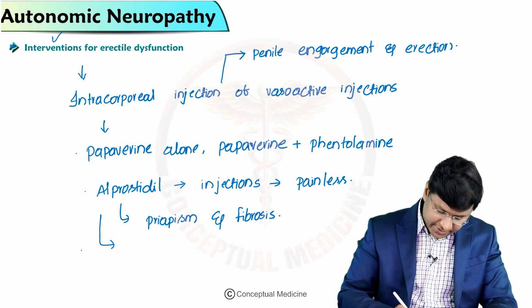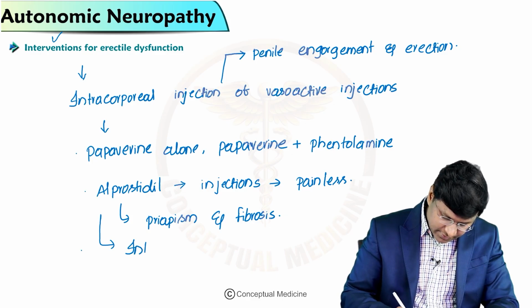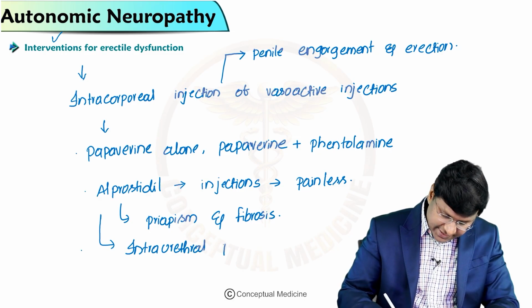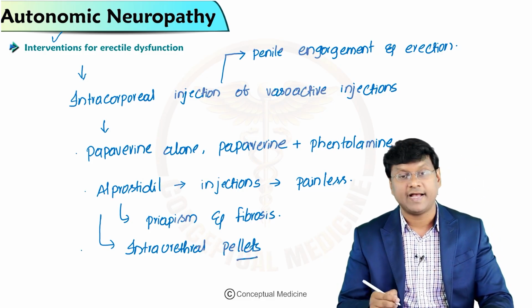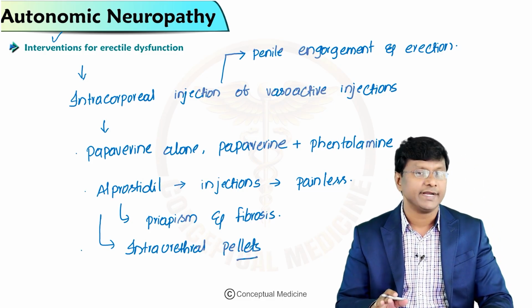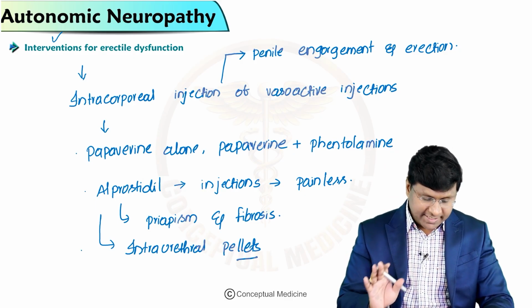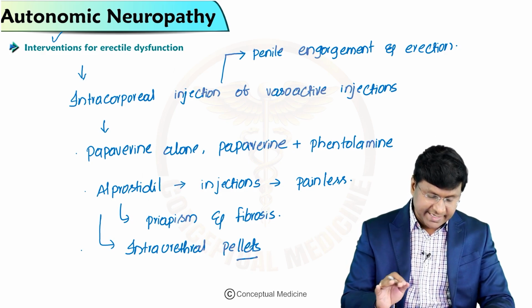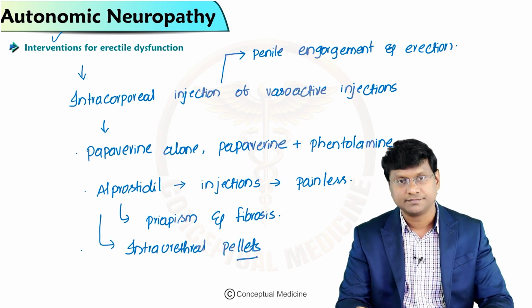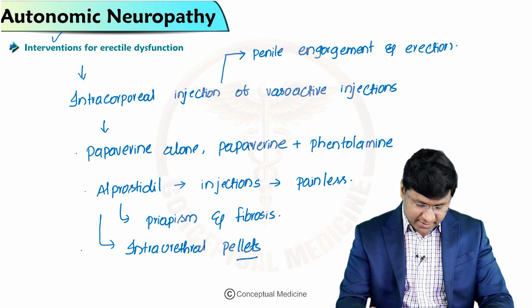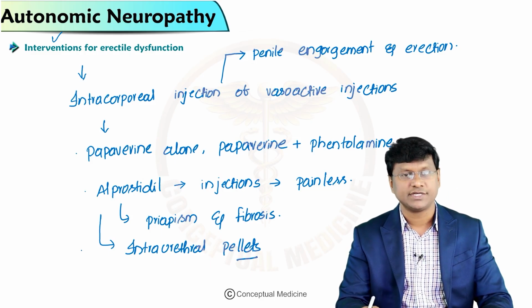The alternative method is intraurethral pellets, which avoid the problems of injection. So that is about the interventions: intracorporeal injection, where you can give papaverine alone, papaverine plus phentolamine, and then alprostadil injections.